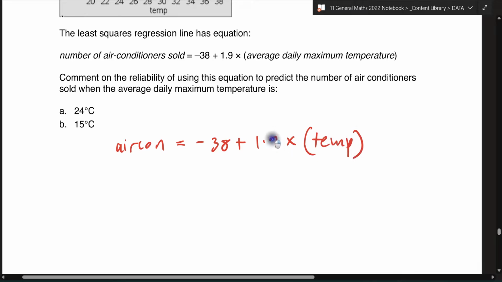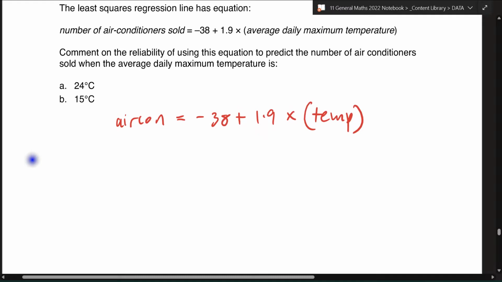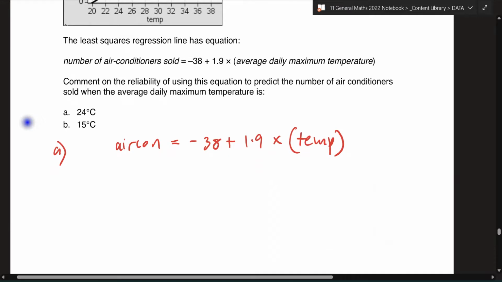Okay, let's just write it shorthand so it's a bit easier to work with. All right, so based on the first one, for A, sorry, we're going to make a prediction if the temperature was 24 degrees Celsius. So change temperature to 24 for that one.